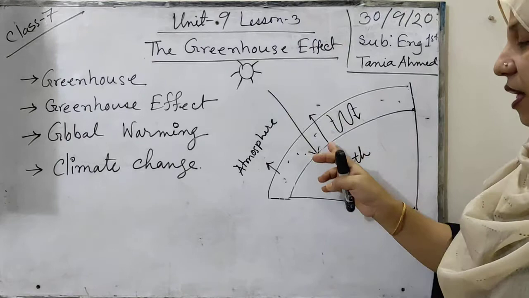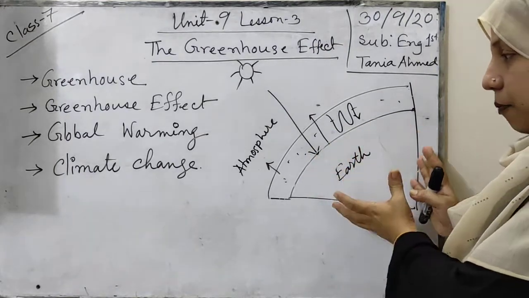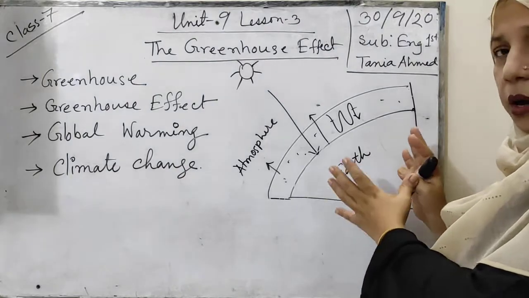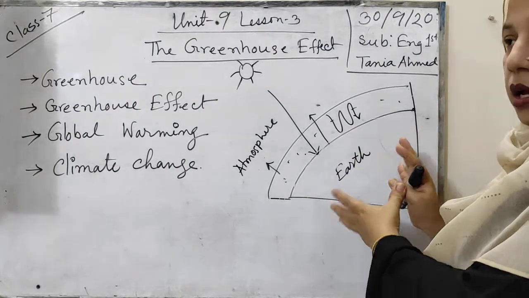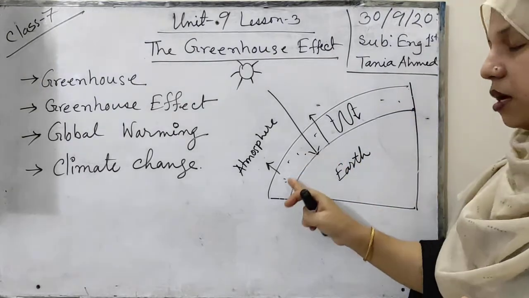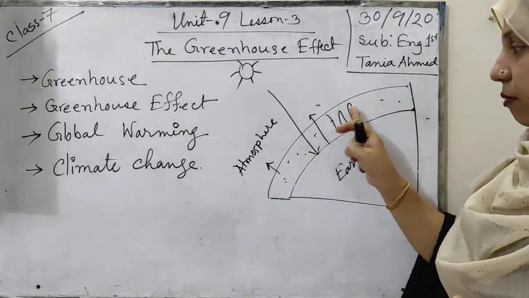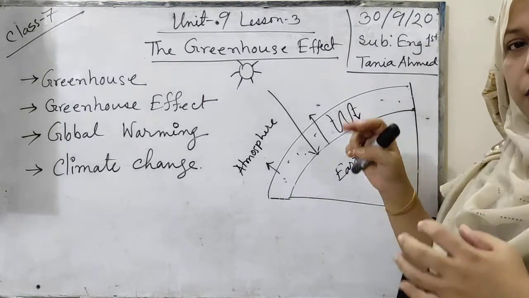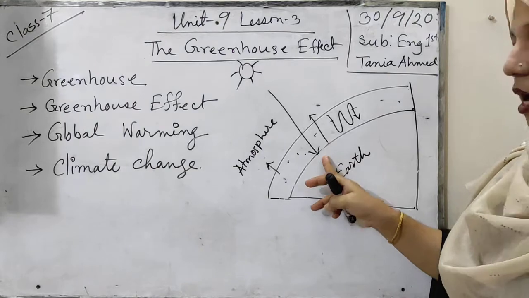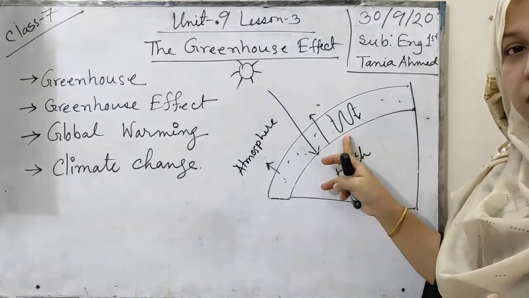That's why when the heat of the sun heats up our earth, it cannot get that much cool at night because of this atmosphere, because the gases are there more and more. Every day these gases are increasing there and much more heat is trapped there.